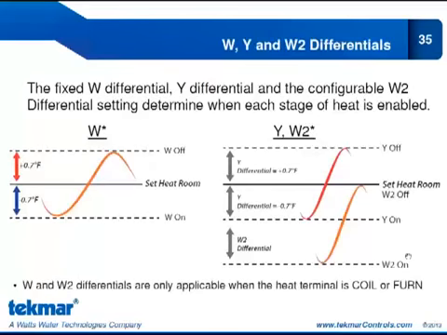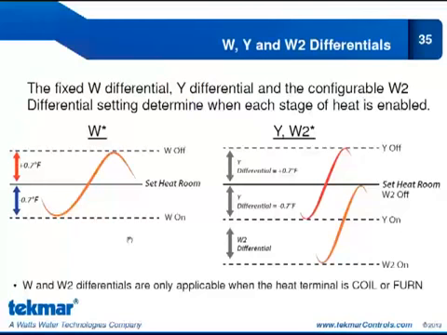Now let's take a look at the differentials. Our W differential is 1.4. So minus 0.7 from the set heat room and plus 0.7 for the set heat room. Now this only applies if your heat terminal is coil or furnace.